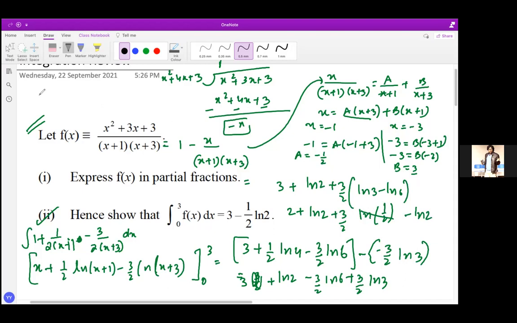So basically this expression finally is 3 plus ln 2 minus 3 by 2 ln 2. So ln 2 minus 3 by 2 ln 2 is negative half ln 2. So it is 3 minus half ln 2. So this is an important question and you need to remember this.